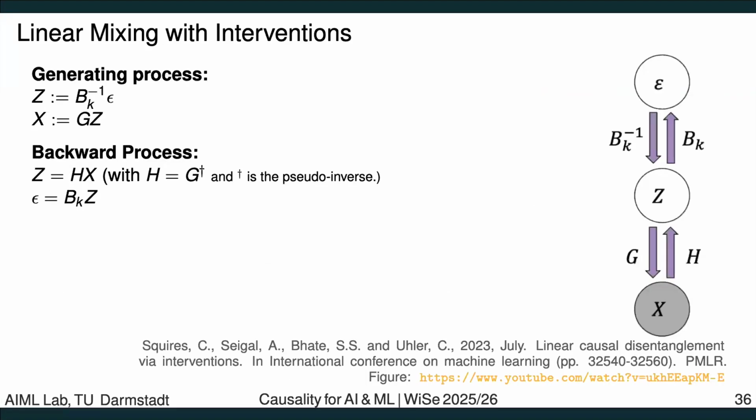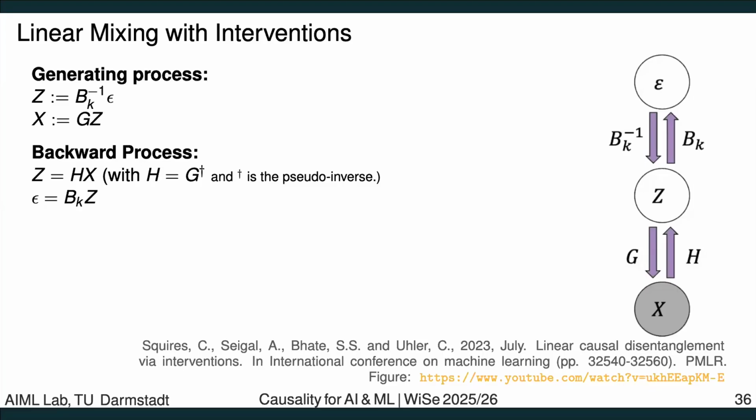Again, this generating process here in this figure: we have some noise term, and via the inverse of this B matrix, we get to the variable Z. Then by multiplying by G, we get to our observations.